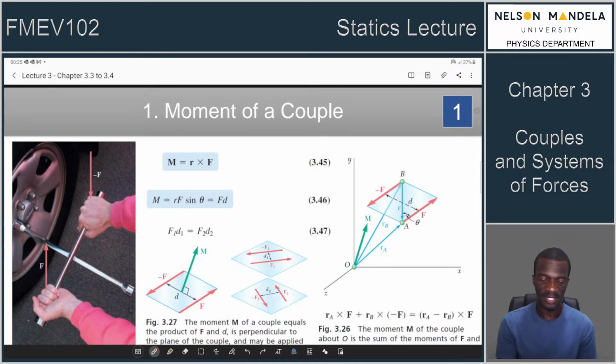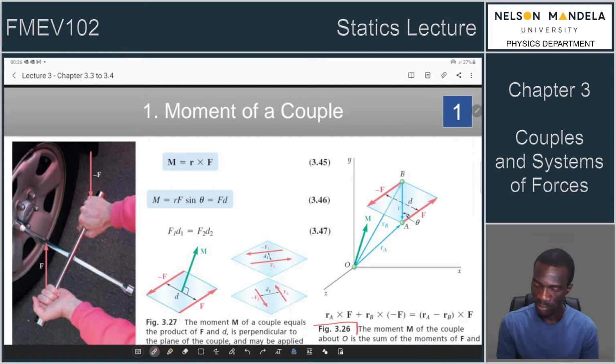That way you'll find that it's actually easier to unlock those bolts or nuts or lock them using a wheel spanner, which is like this, as compared to the single lever, which is exactly this long, right? So that is what we were studying when we were looking at moments of forces about a point or about an axis. So now, when we have a couple, we can actually find the moment of that couple.